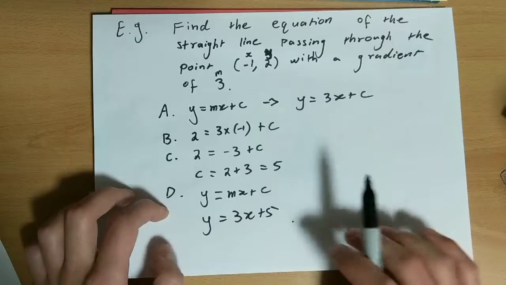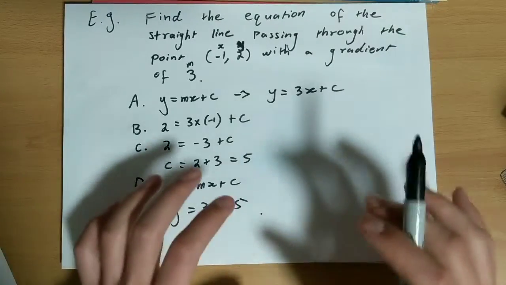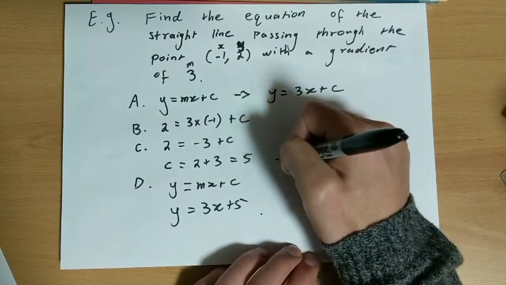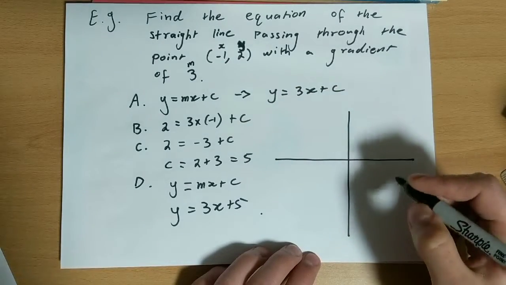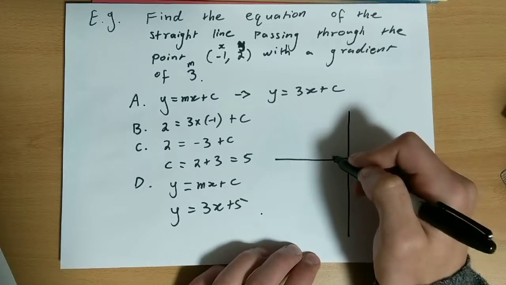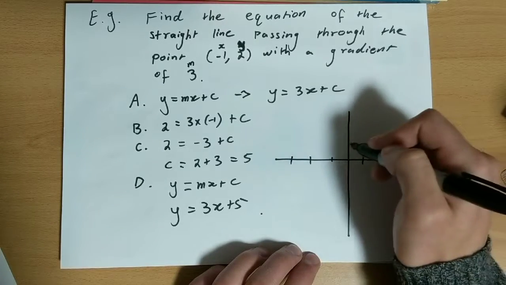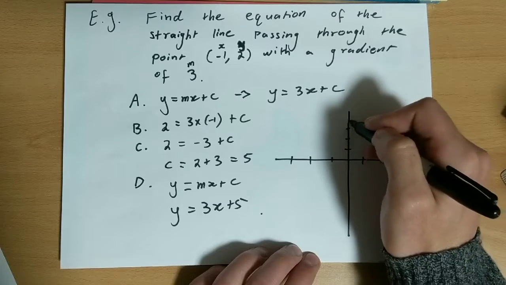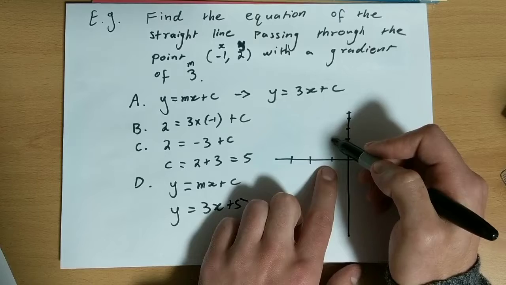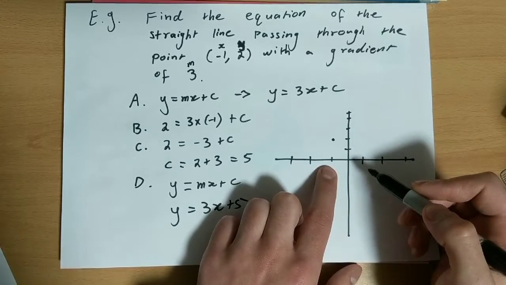I just want to, before finishing this, have a quick look at what that means in terms of the graph. So if this is my graph, I'm told that it passes through the point negative 1, 2, over there, and it has a gradient of 3.